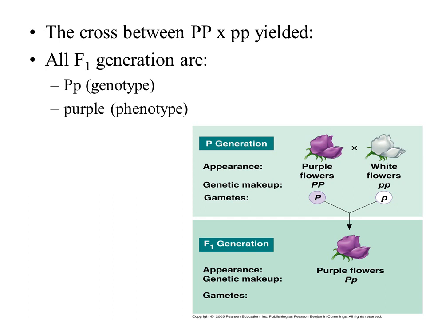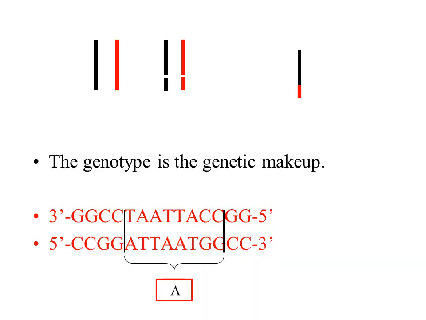If I ask you for the genotype, I'm expecting you to give me the letters. If I ask you for the phenotype, I need you to give me what it looks like. Is it going to be purple or is it going to be white? That is the physical characteristics, what you see. The genotype is the genetic makeup. Technically you're supposed to write out the sequence, but instead of writing out the sequence, we have given the sequences letters. The sequence that is dominant, we give it a dominant letter.